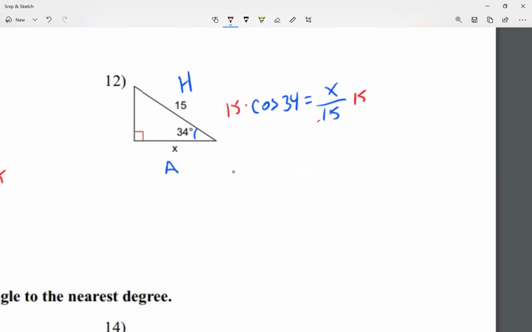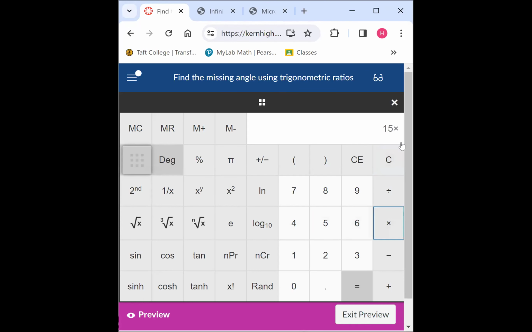I go straight to multiplication because the x is on top. So I have that 15 times cosine of 34 is equal to x. Let me open my calculator. I'm going to go 15 times cosine of 34, rounded to one decimal place, so I get 12.4.